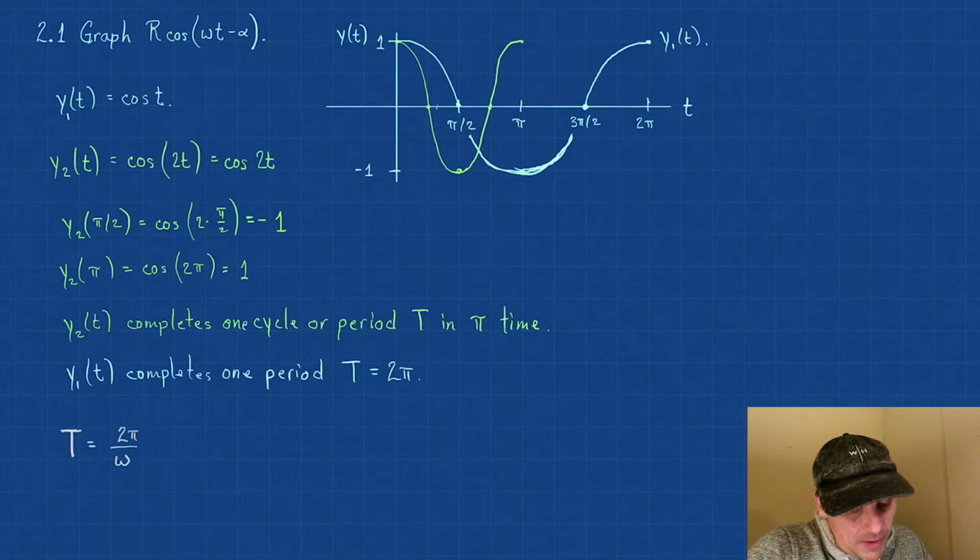So somewhere right about here would be the actual number of 1. So in other words, how much has cosine gone through its period at time equals 1? And how much of its period has cosine of 2t gone through?